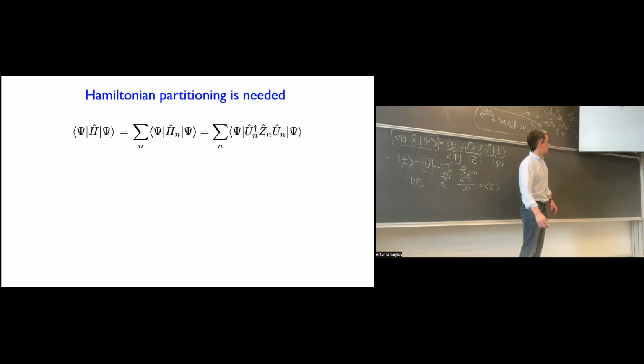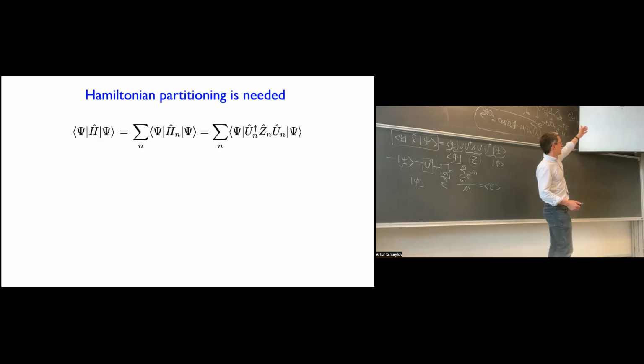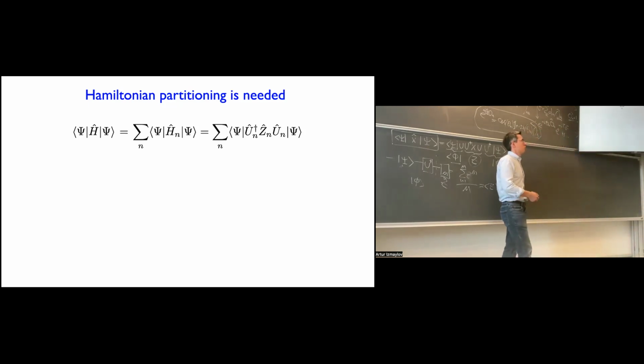It cannot be done easily. Instead, what people do is use the linearity of the expectation value. This means you can break down the Hamiltonian into a linear combination of simpler Hamiltonians, where you can find the unitaries that bring these simpler Hamiltonians to the Z form, or Ising form.